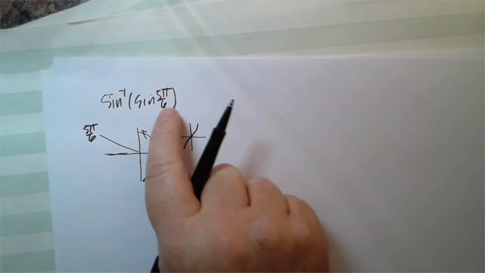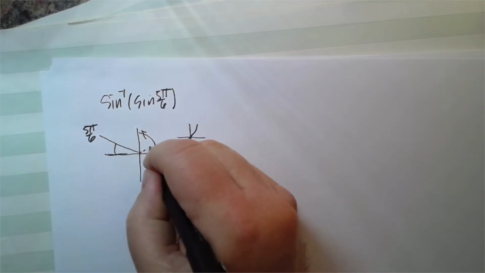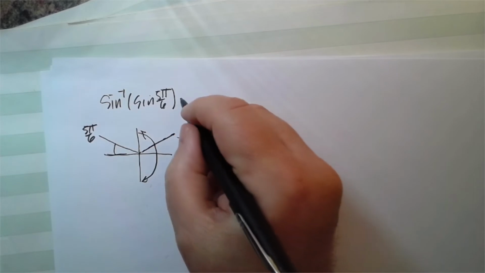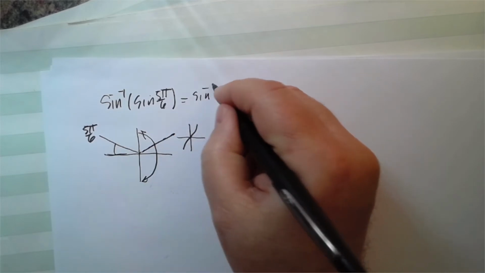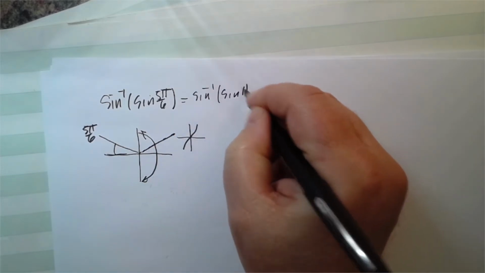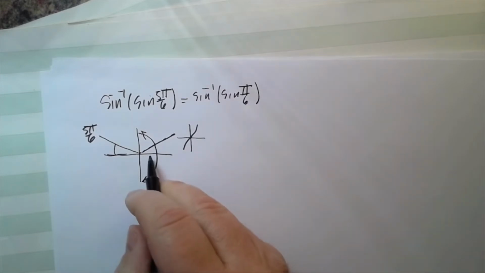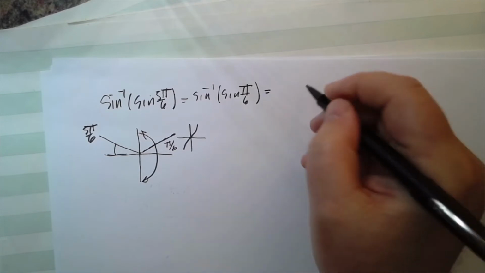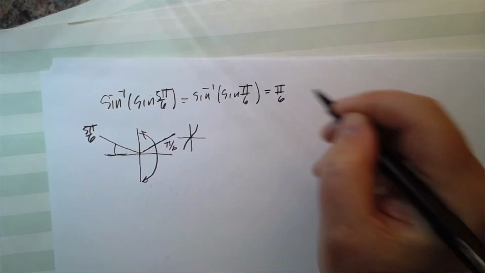Now, 5 pi over 6 is positive, and it has a reference angle of pi over 6, so essentially it's the same as this angle right here. And so that would mean the sine inverse of sine of pi over 6, which is now actually in the domain of the sine function, and we would just get pi over 6 like that.